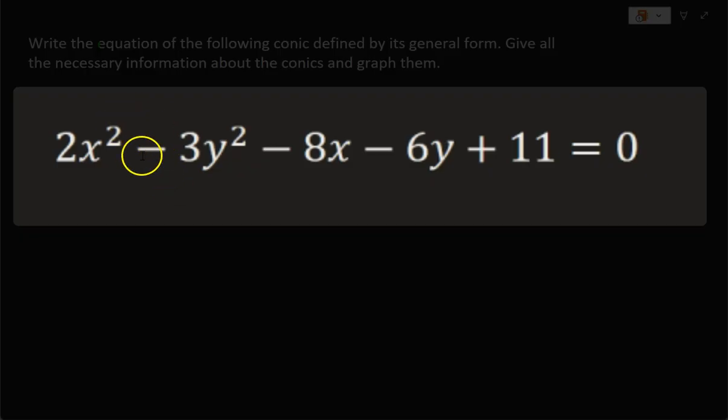And if this was a plus sign, that means both the x squared and y squared terms are positive, so you're going to have an ellipse.